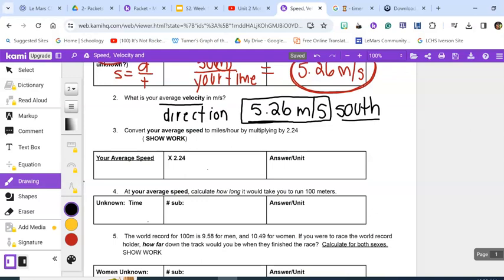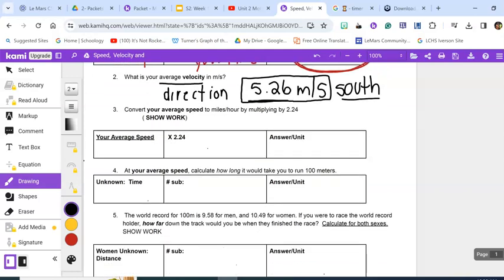Now, meters per second doesn't help you because it's hard for you to visualize meters per second, because we don't do anything in the United States in meters except irrelevant sports like swimming and track and field. Okay? So I want you to calculate your speed in miles per hour, which means for Nevaeh, my average speed is going to be 5.26 times 2.24.